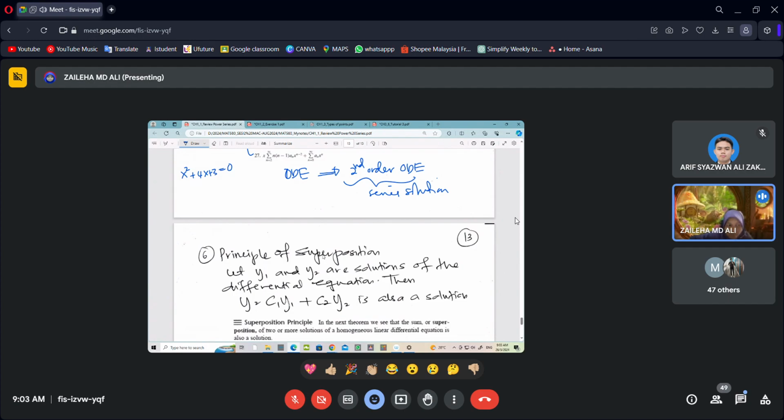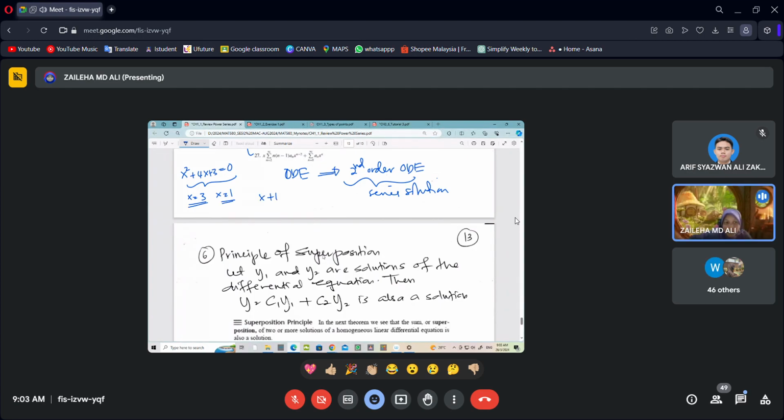When you solve this problem, we get x equals 3 and x equals 1, right? So whenever we have a quadratic, the answer must have 2 roots.